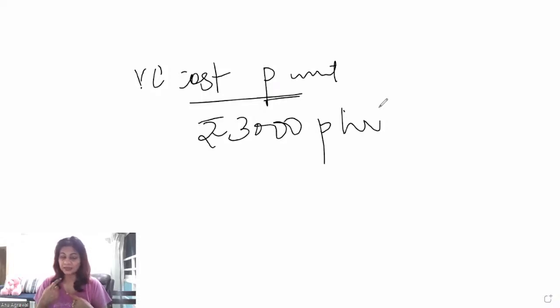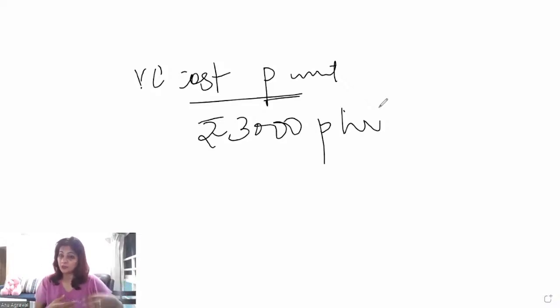For us as faculty, the number of students is not relevant. What is relevant is what I am going to earn per hour, because that per hour is a variable cost which I am actually incurring. Here, I'm comparing variable cost with respect to what I would have got if I worked somewhere else, this 3,000.